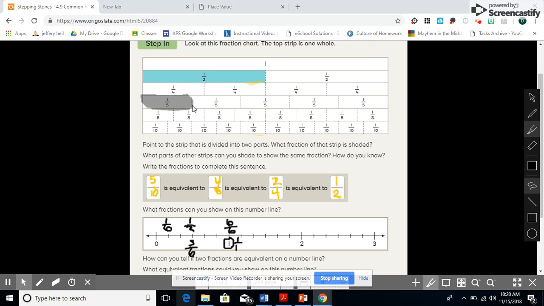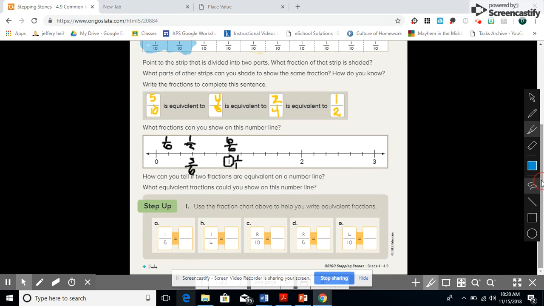So I'm going to look and see at these lines and see if any of them match up, because then I know that that covers the same amount of area. And I see that 2/10 is equivalent to 1/5.